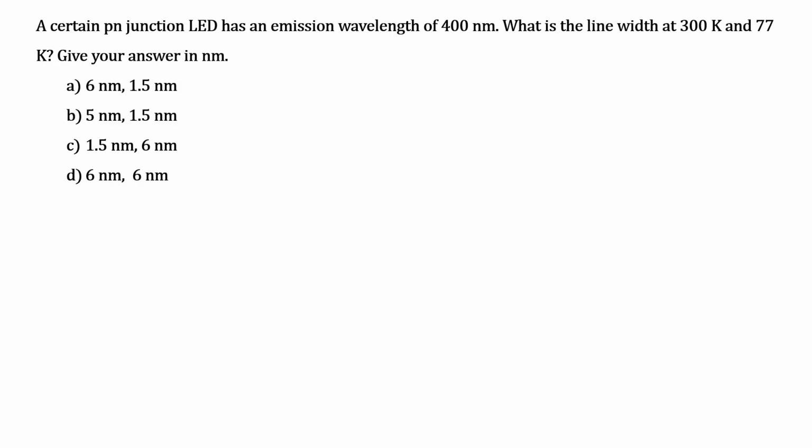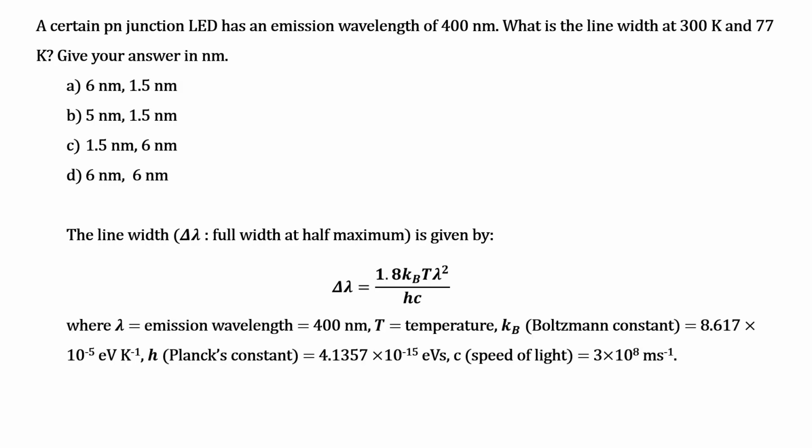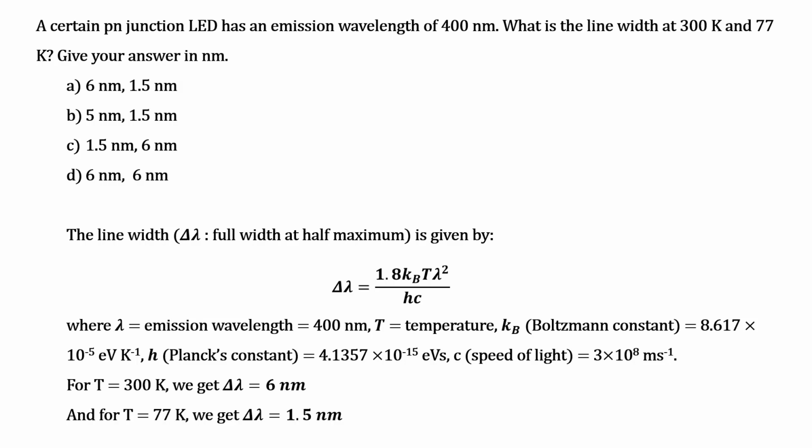Is this the equation that you use? Delta lambda is equal to 1.8 kT lambda square by hc. Upon substituting whatever is given to us, in the first case we'll get delta lambda as 6 nanometers, and in the second case delta lambda is 1.5 nanometers.